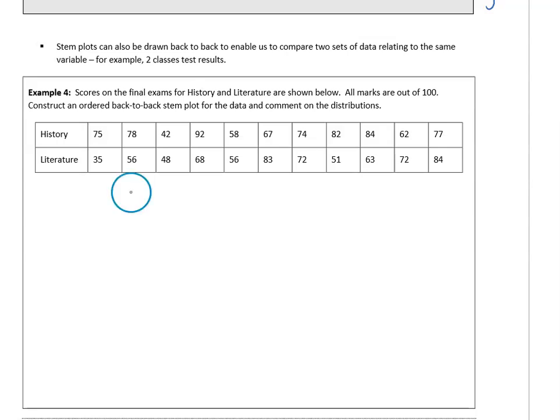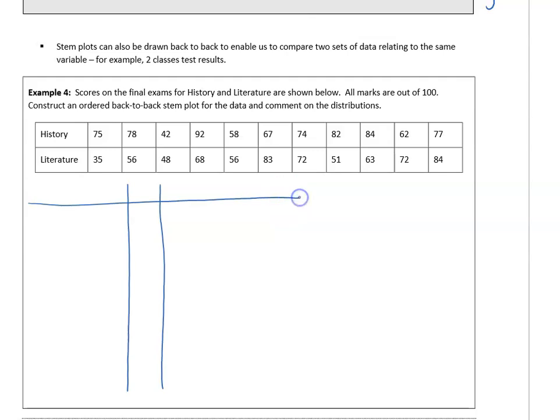I'm going to do history on the left. So if we were doing this in our books, I would expect that you would be using a ruler, but as I've said before, I'm unable to do that on my laptop here. So pardon the poorly drawn lines.